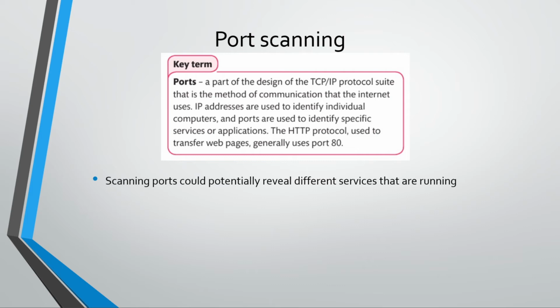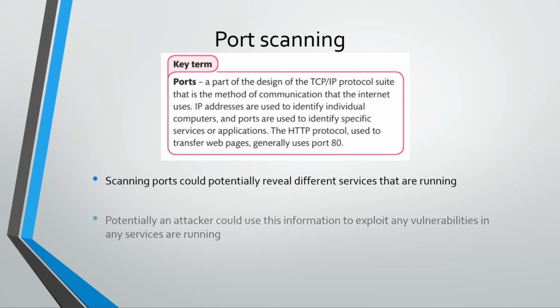But with attacks, obviously you can scan ports, so potentially you could scan ports and see what different services are running. You might think, well, what's the point of that? I can see different services running. How is that any good to an attacker?